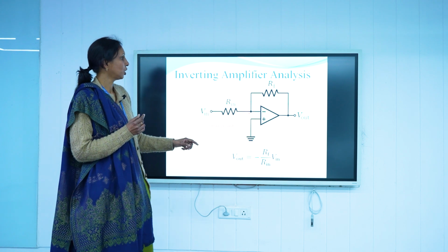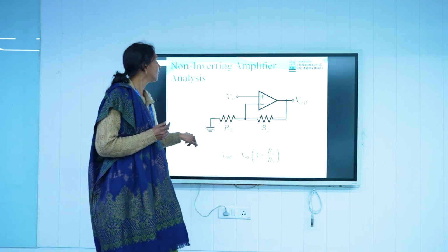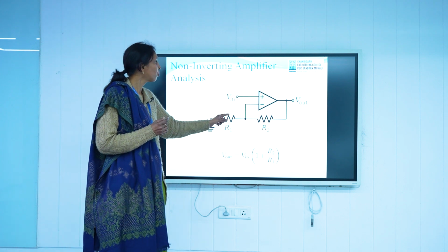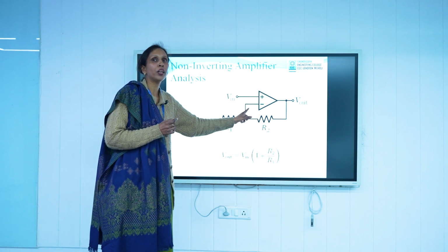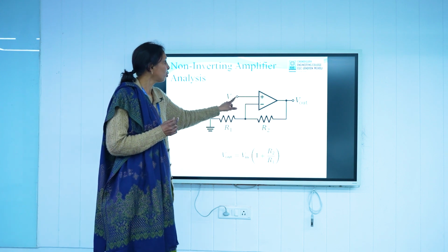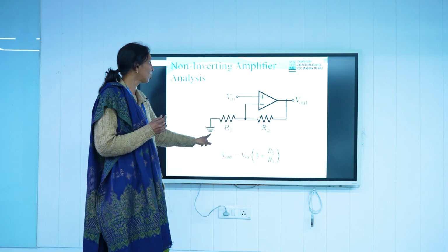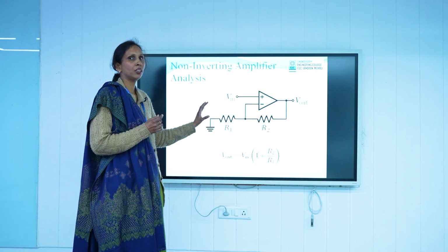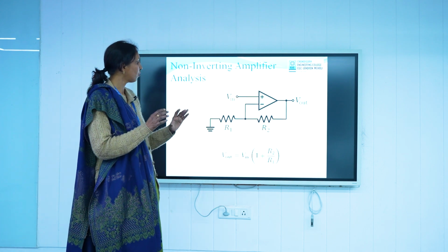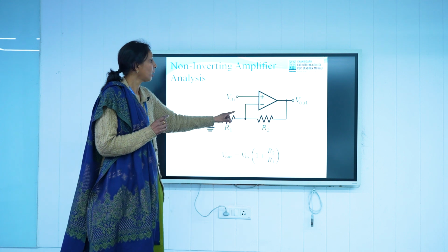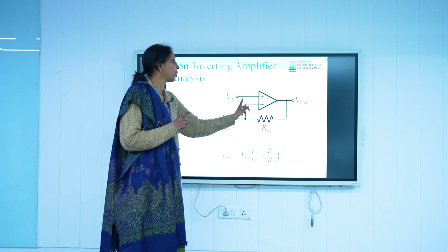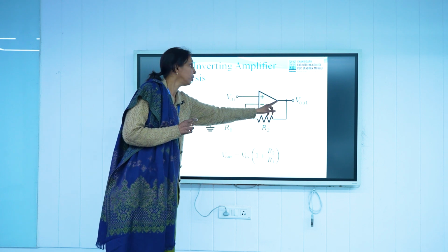The next application is the non-inverting amplifier. Non-inverting amplifier means we provide the input to the non-inverting terminal, and the inverting terminal is grounded. Same is the case here. When we provide input to the non-inverting terminal, the output will be in the same phase as the input.